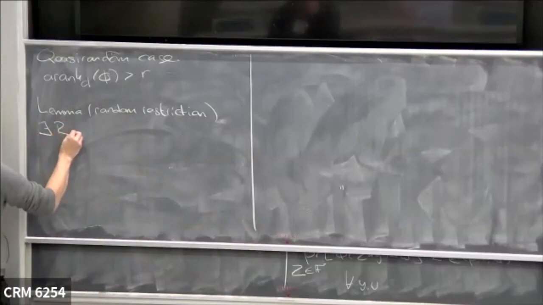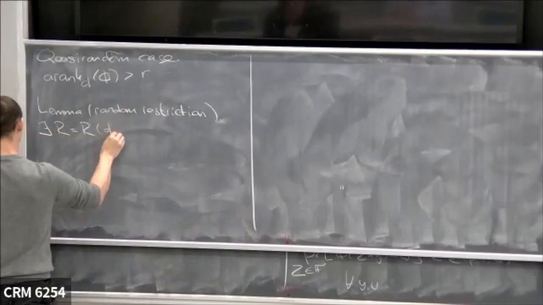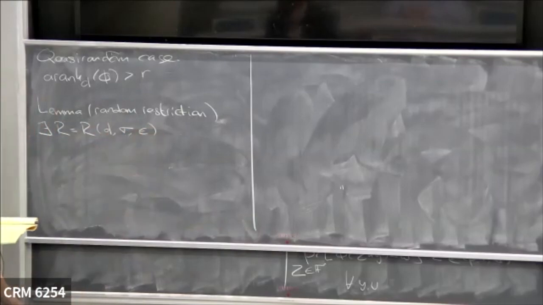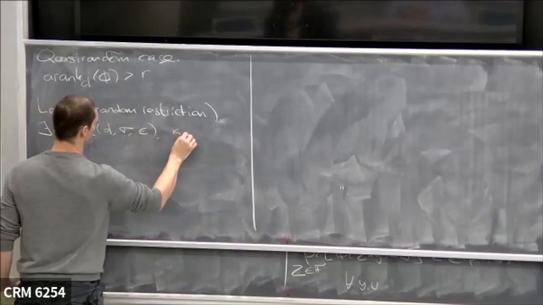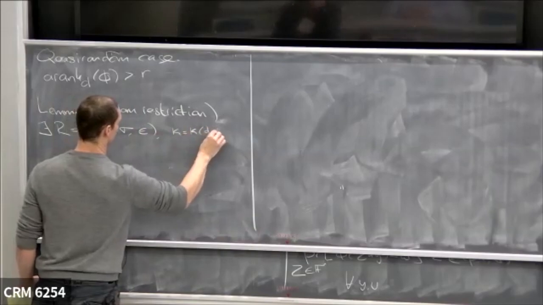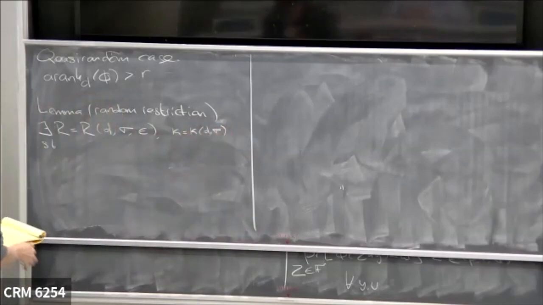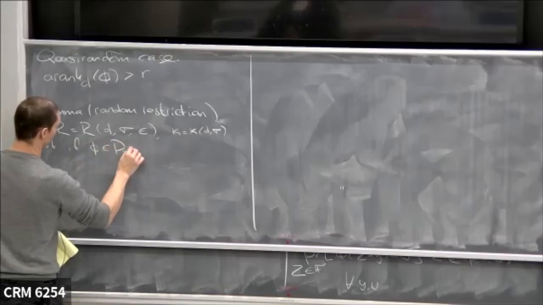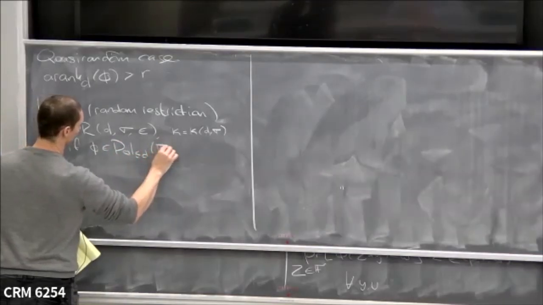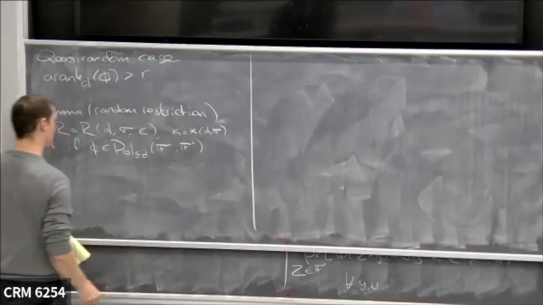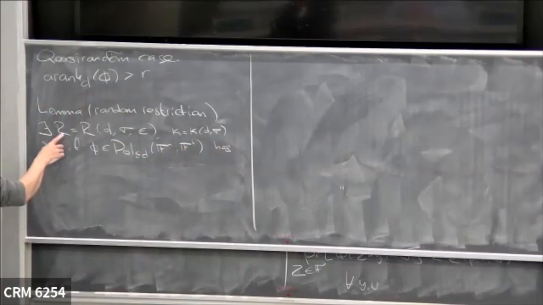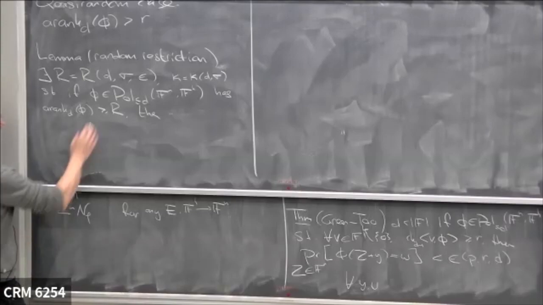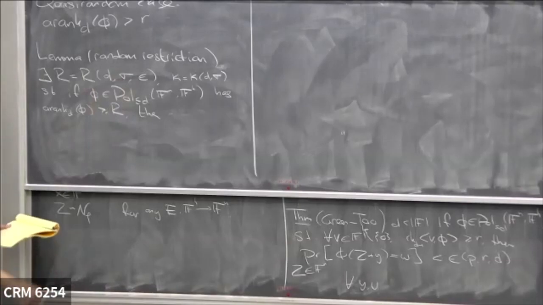There is some r, which depends on d, some sampling probability sigma, and a parameter epsilon of your choice, and a kappa, which depends on d and the sampling probability, such that if phi is a polynomial map of degree at most d, from f to the n to f to the k, with analytic D rank at least capital R, then a random restriction of phi to a subset of coordinates that appear independently with probability rho will also have fairly large rank.